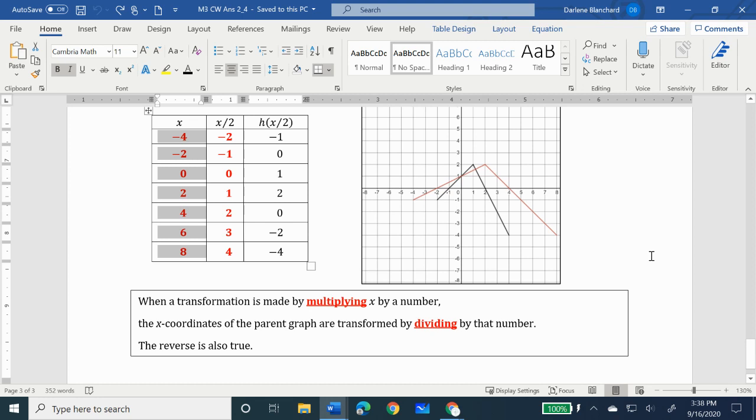When a transformation is made by multiplying x by a number, the x coordinates of the parent graph are transformed by dividing by that number. And the reverse is also true, meaning when a transformation is made by dividing x by a number, the x coordinates of the parent graph are transformed by multiplying by that number.